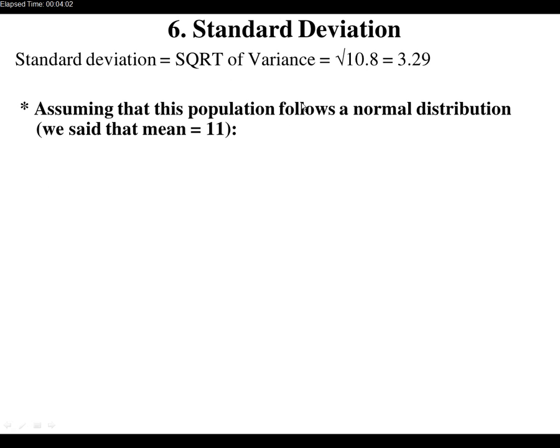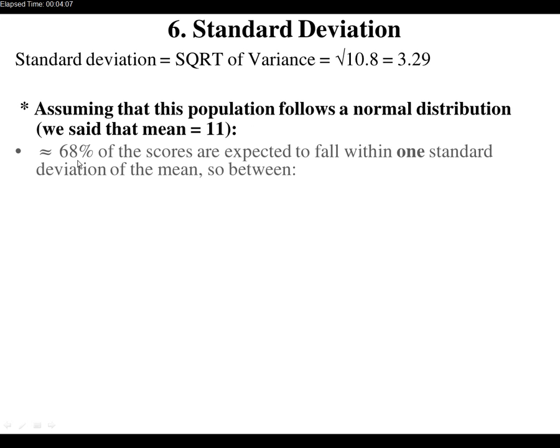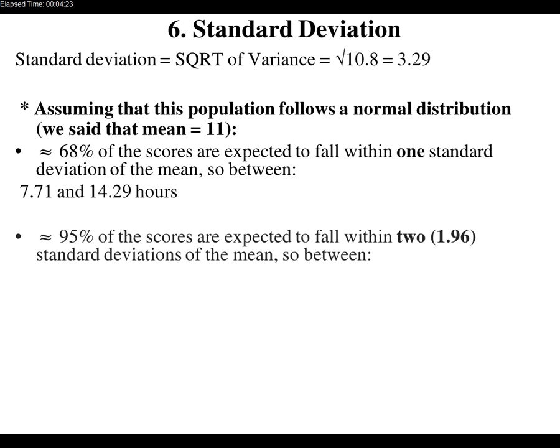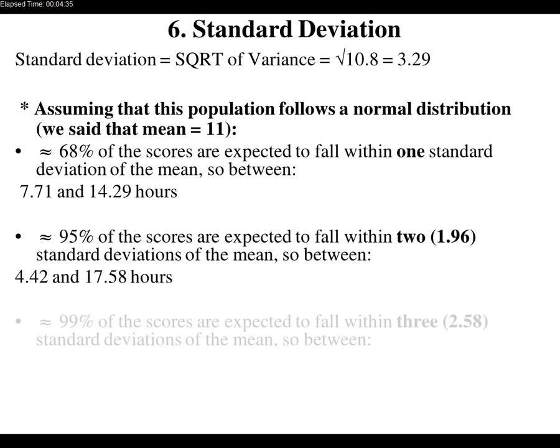All right, assuming that this population follows a normal distribution, we said that the mean equals 11. So 68% of the scores are expected, this is the empirical rule now, to fall within 1 standard deviation of the mean. So between 7.71 and 14.29 hours. 95% of the scores are expected to fall within 1.96 standard deviations of the mean, so between 4.42 and 17.58 hours.